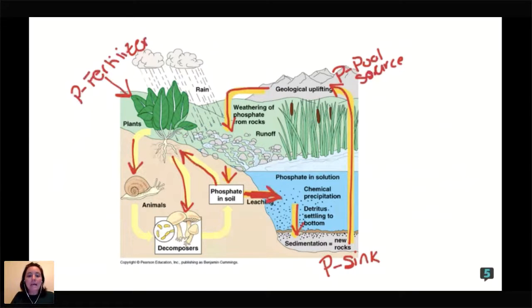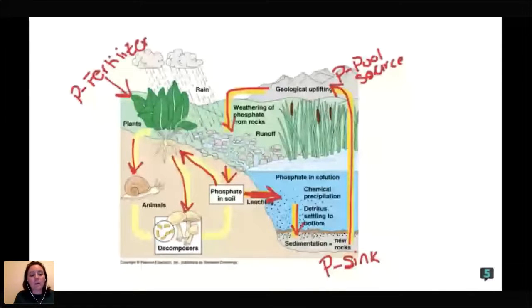Yeah. And then, of course, because humans are what we are, outside of just interacting with this cycle as an organism that would eat other plants and animals. So I said that phosphates are a limiting factor, a growth factor for plants.